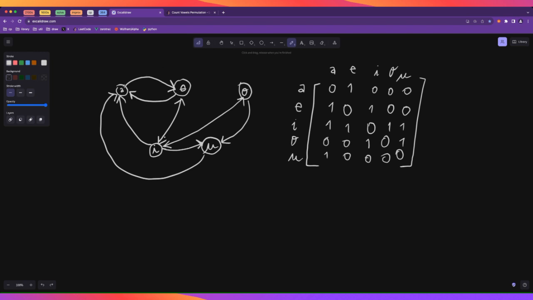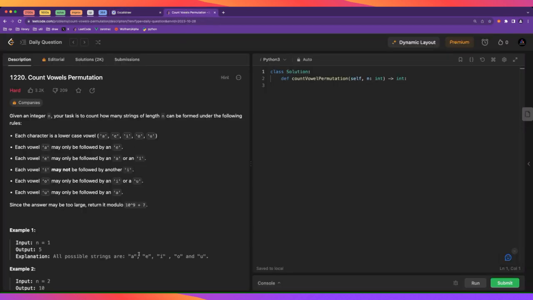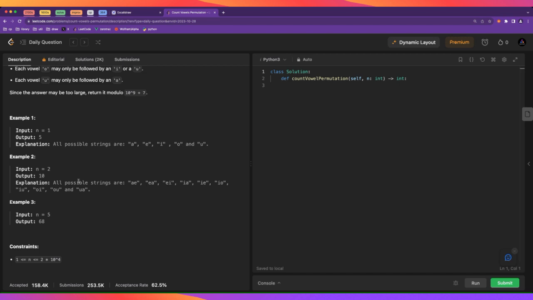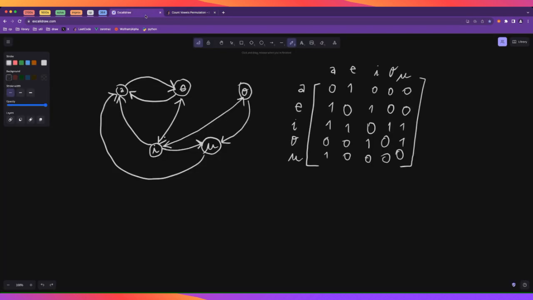Notice that here we have all the paths of length 2, so it's A and E. Notice that the strings that are being generated correspond to paths on our graph. So A, E is going from here to here, and so on.